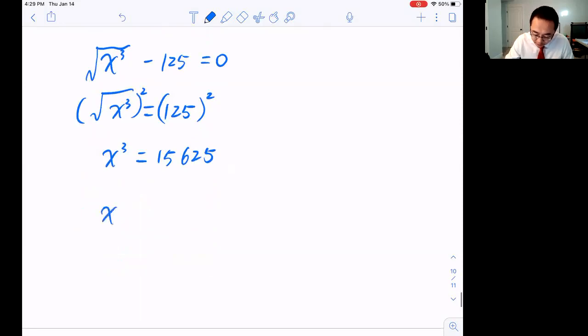So x then equals, remember in this case, since it's an odd power and that equals a positive number, it can only be the positive root. So you don't have to do plus and minus because it's not x to the fourth power or x squared. If you take the cube root of 15625, that gives you 25.